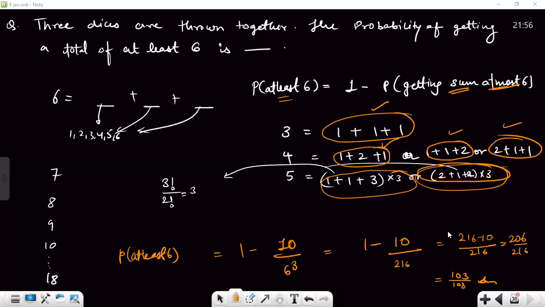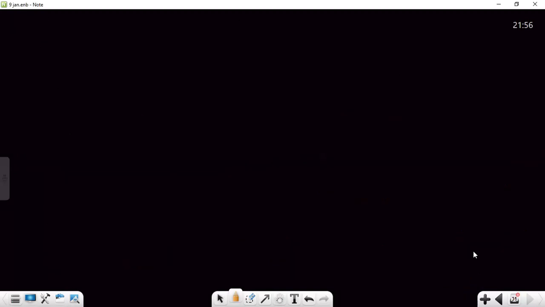Okay, so let's discuss one more question. The question is, if two dice are thrown simultaneously, and throwing a dice repetitively 2 times or throwing 2 dice simultaneously are just the same. There's not much difference.